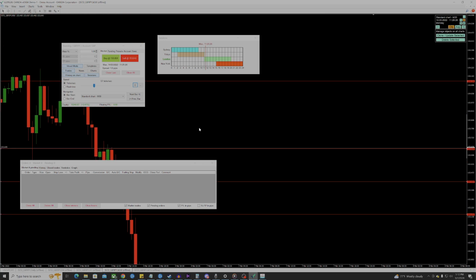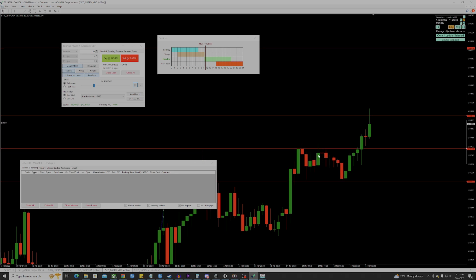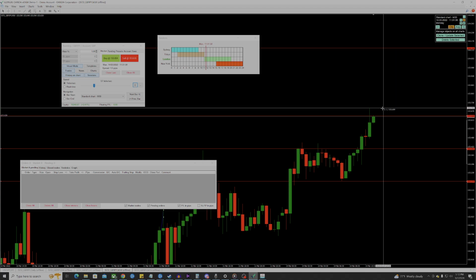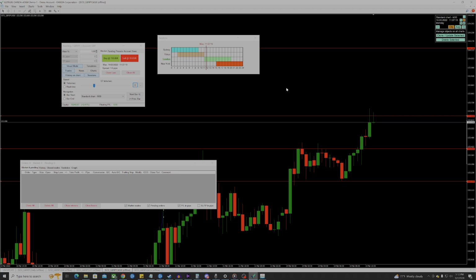I don't know. It's clean traffic. That's why we want this closure above. You see what happened? Rejected that resistance. If we break above this high though, we can take this, right? That would be an impulse entry.